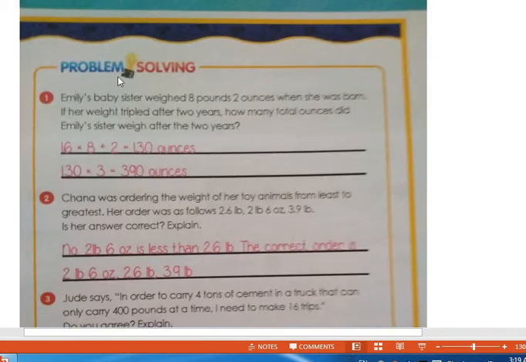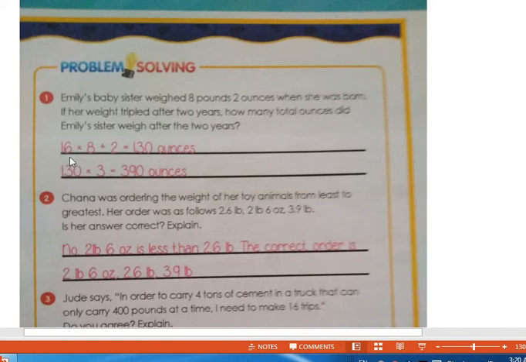Problem solving. Emily's baby sister weighed 8 pounds 2 ounces when she was born. If her weight tripled after 2 years, how many total ounces did Emily's sister weigh after the 2 years? First, I want to convert the pounds into ounces to calculate the weight.